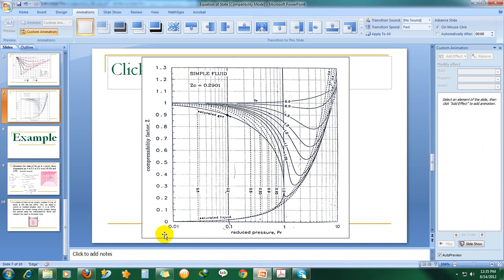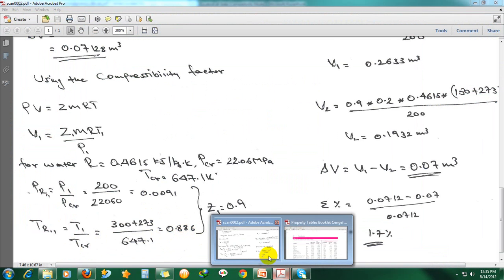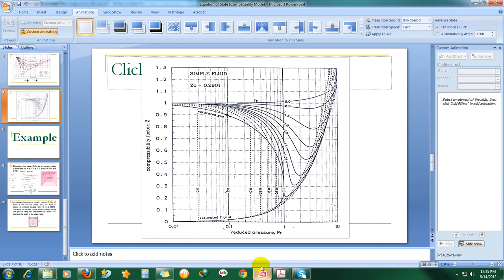We have 0.1 here and 0.01 here, so 0.0091 is almost around here. And TR 0.886 lies between the 0.85 and 0.9 lines, so it goes like this.